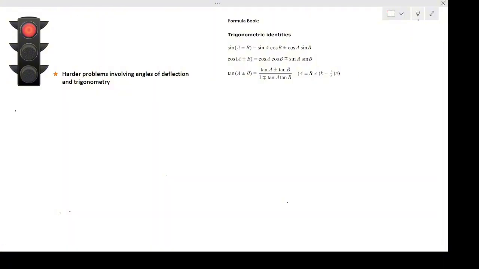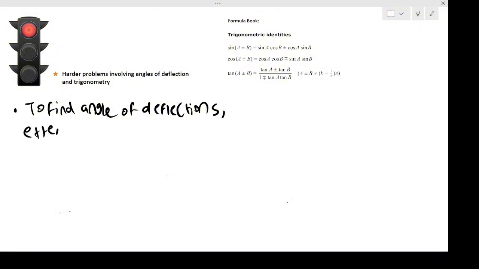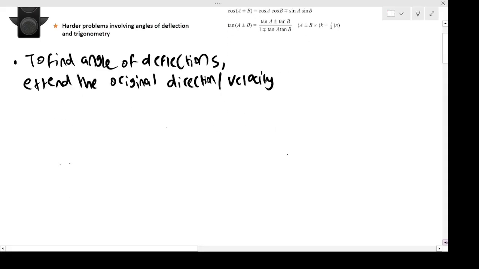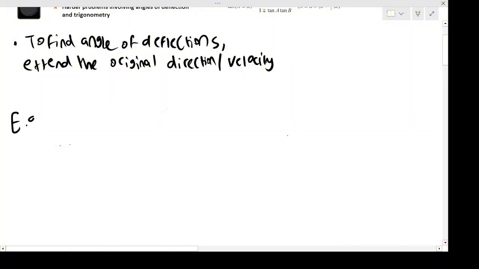So what I'm going to say for a tip is to find angle deflections, and this is for any angle deflection, even with walls, which we looked at previously, extend the original direction or velocity. So I'm going to give some examples of how we can find out certain angle deflections.